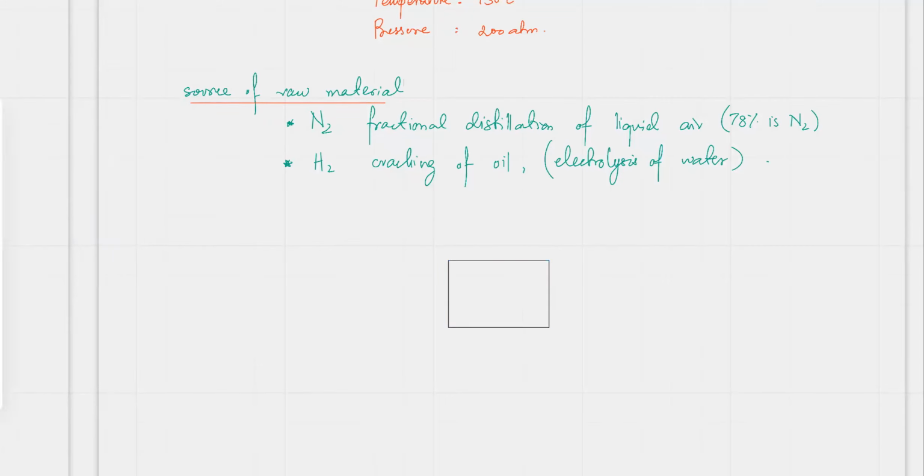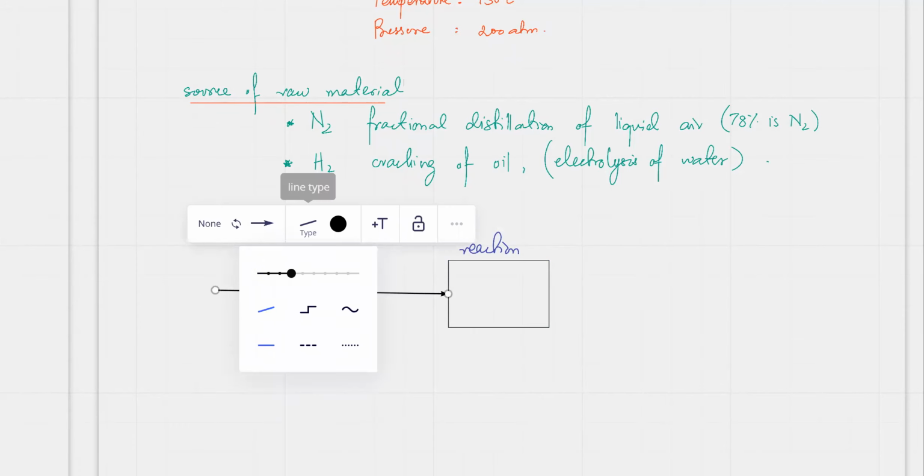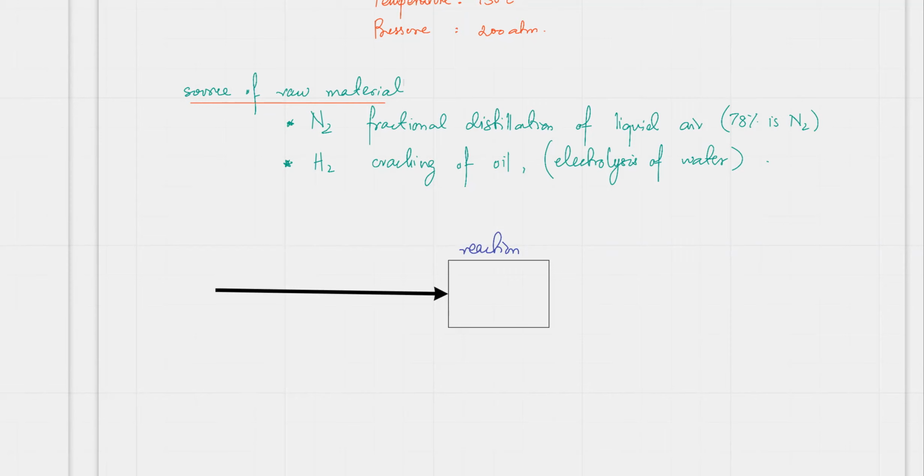Let's say there's this container where the reaction is happening, and what you're doing is you're adding nitrogen gas, and you're also adding hydrogen gas into this container.